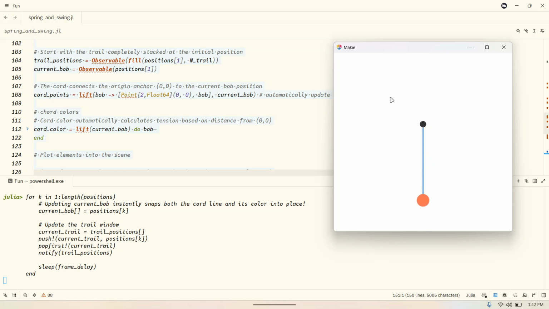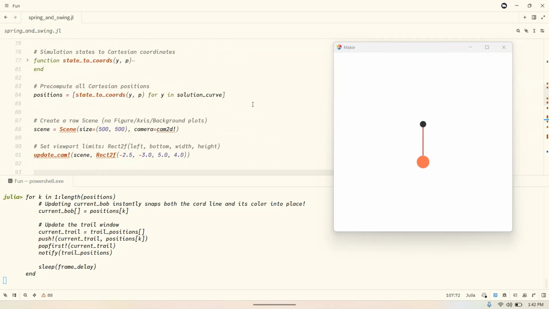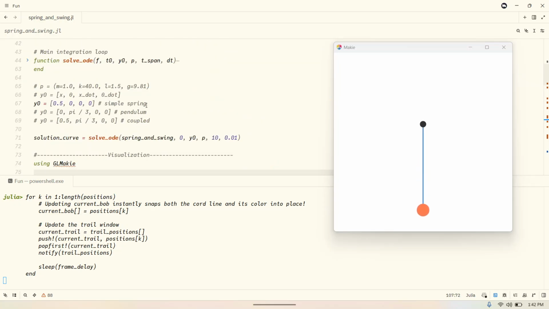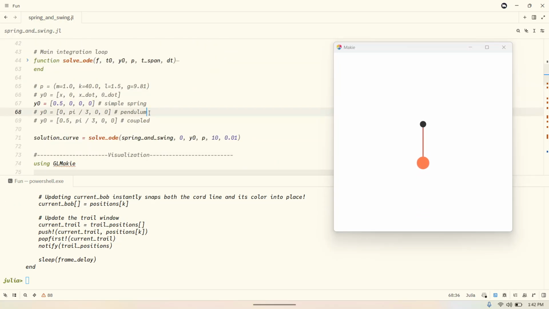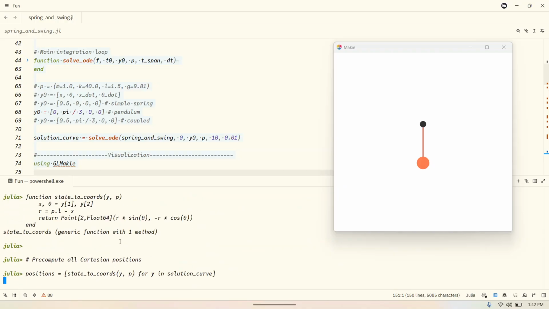Right. Now, actually, I'm unsure whether the next one will be a simple pendulum swing or a combination already. I haven't even checked this. But let's see what happens.